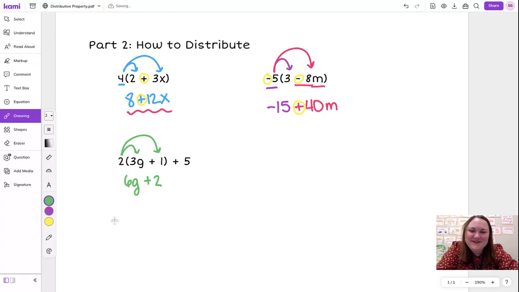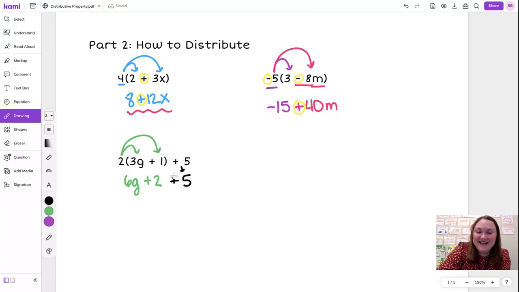What do you think I'm going to do next? Well, we said distribute means multiplying a number outside parentheses to everything inside parentheses. The 5 is not in the parentheses, so the 5 I only need to copy down. So I have 6g plus 2 plus 5. This problem is different from the others because we are not done.